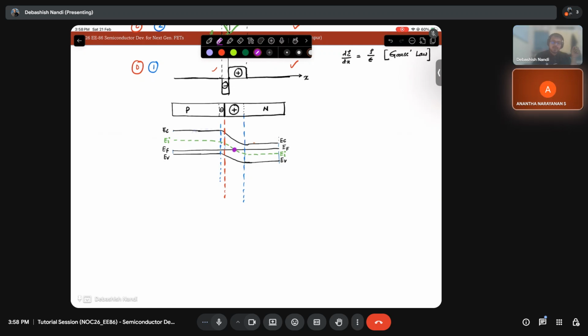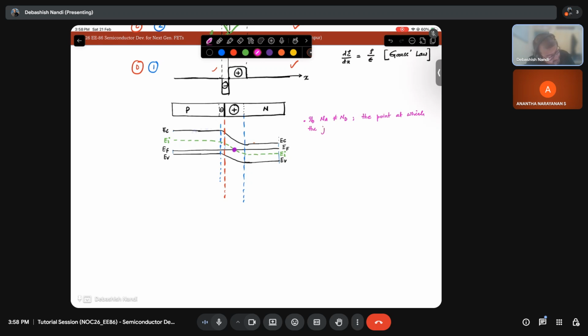Yes, sir. So you see one important point to note: if the doping of the P side is not equal to the doping of the N type, the point at which the junction is intrinsic is not at the MJ.